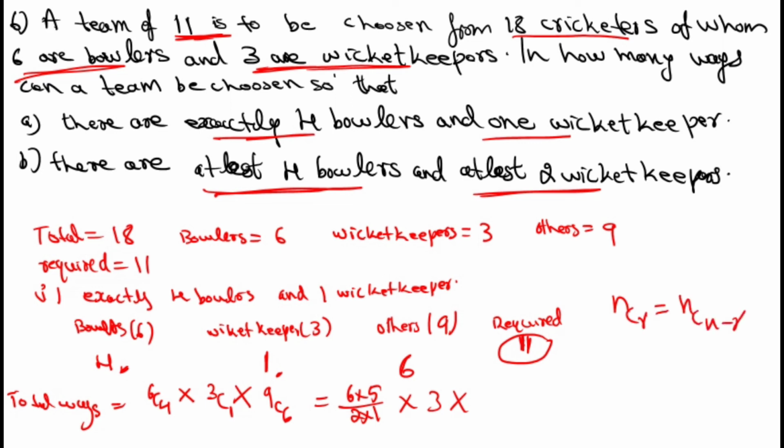So 9C3 value is 9 into 8 into 7 divided by 3 into 2 into 1.